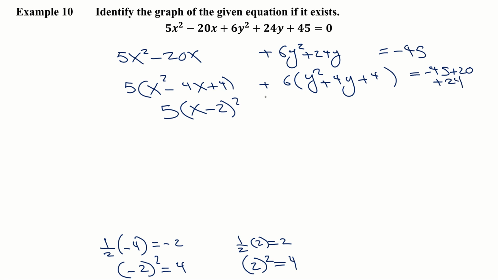So 5 times quantity x minus 2 squared plus 6 times quantity y plus 2 squared equals negative 1, because 44 minus 45 is negative 1. Now, I could stop right there and tell you that this is not going to have a graph, but in case you want to go to one of the standard forms, let me show you which form I'm talking about.